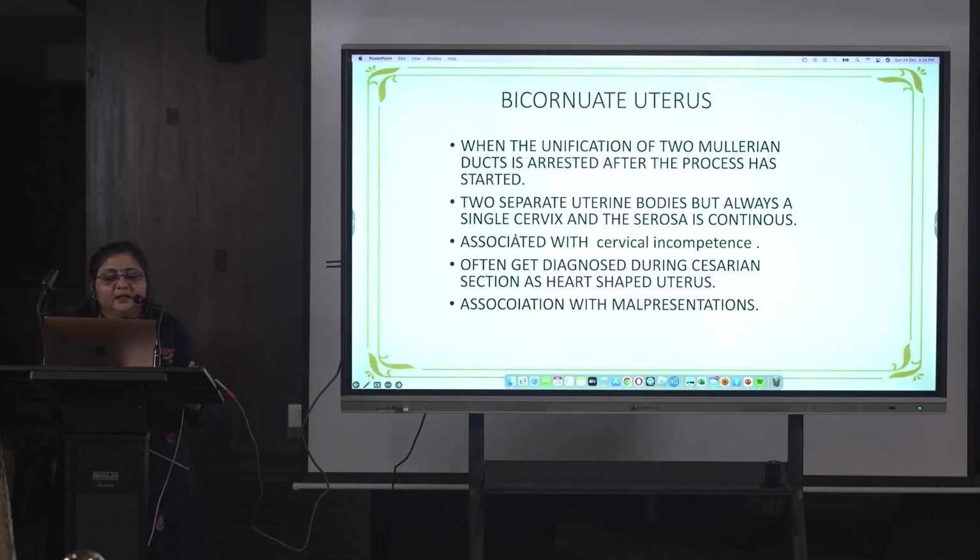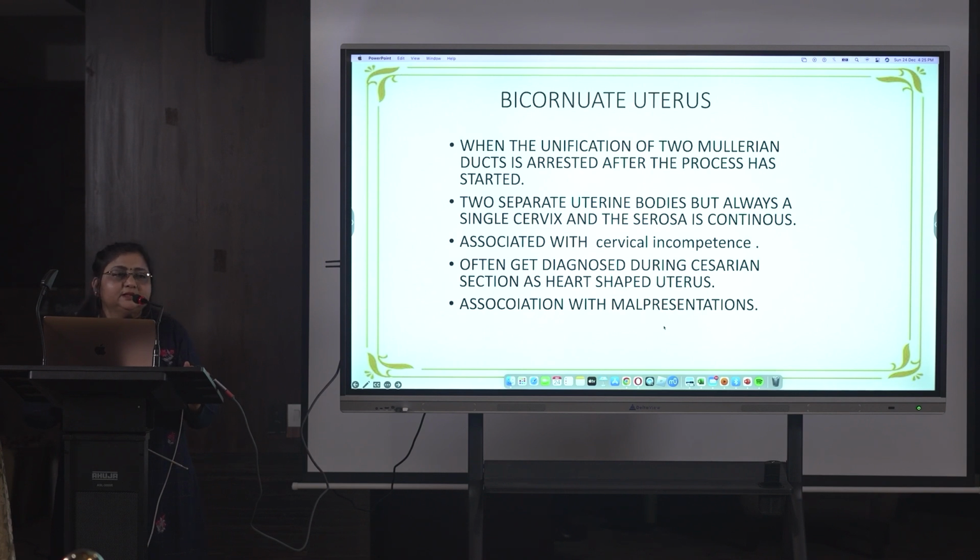So this cervix is becoming incompetent and serosa is continuous. It is always associated with cervical incompetence, often diagnosed during cesarean section as the heart-shaped uterus, and associated with malpresentations. So these uteruses will have a breech presentation.